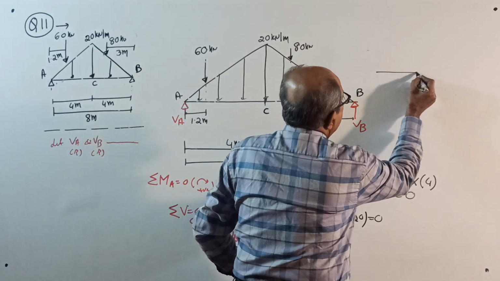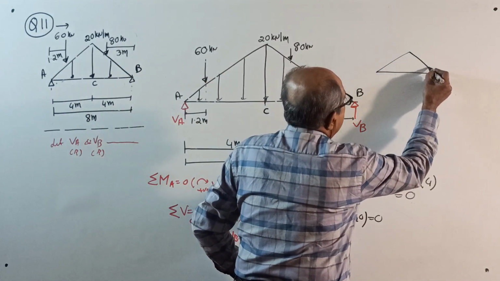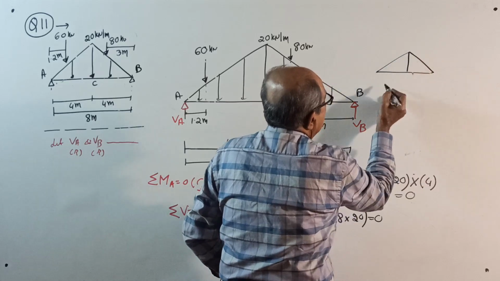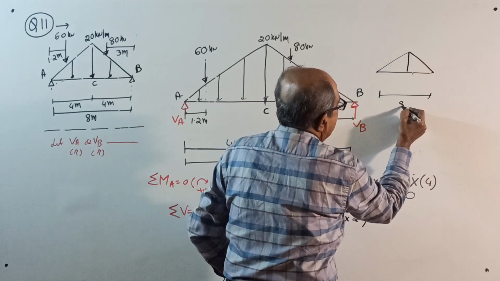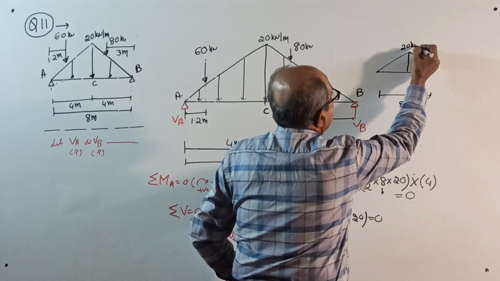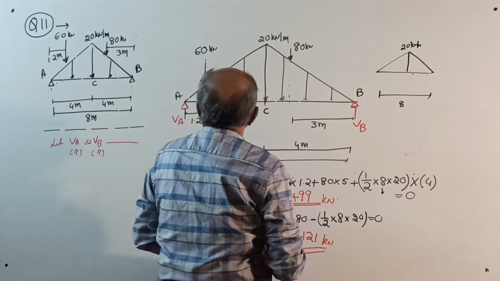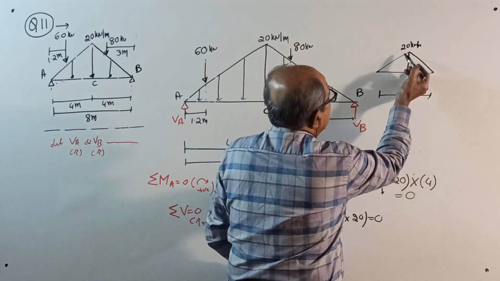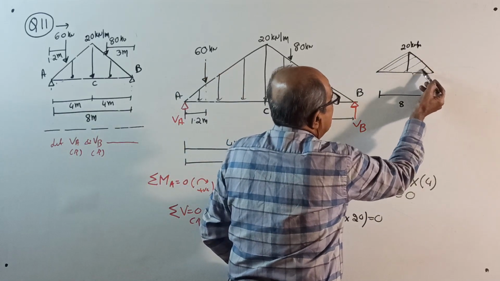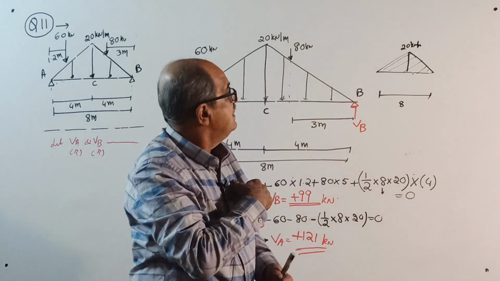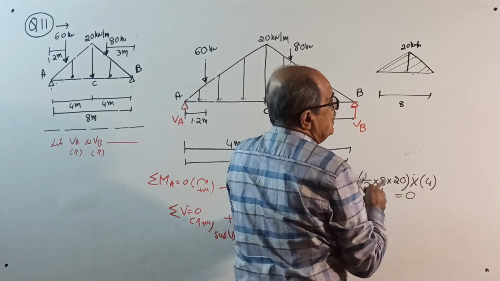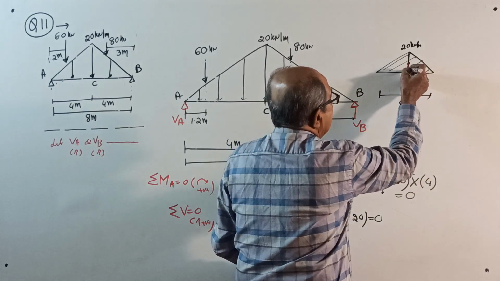Uniformly varying load is like this, correctly symmetrical. This base is 8 meter. This is 20 kN per meter. You can take the entire load in a single stretch. Why waste time? In that case, the resultant load will be exactly through center. Why?